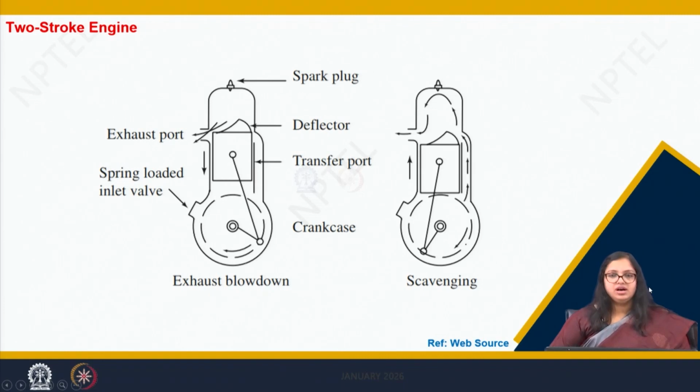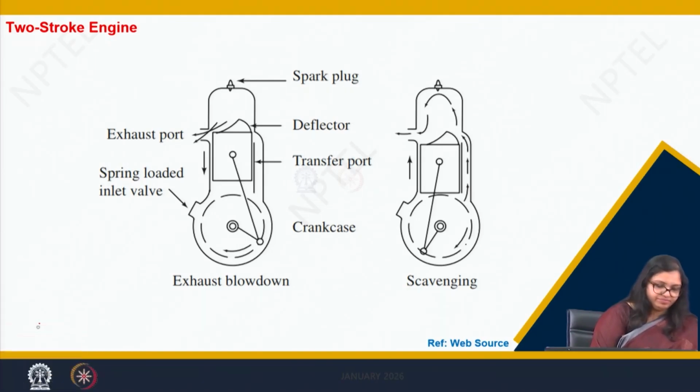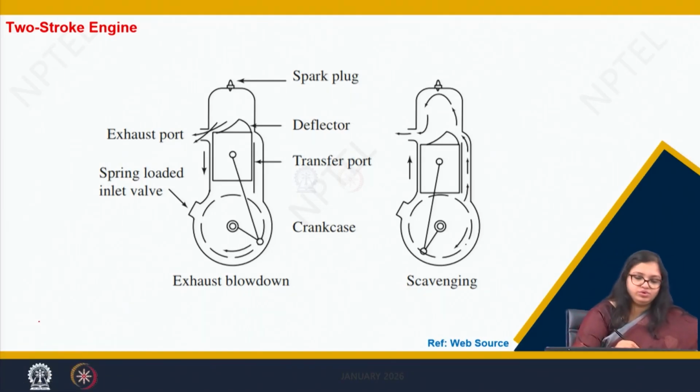So this is a single cylinder of a 2-stroke engine, in which you can see, the same way as in 4-stroke, there is a cylinder, there is a piston, there is a pin which we call a gudgeon pin, and then there is a connecting rod, there is a crank pin, there is a crank, and then there is a crankshaft.